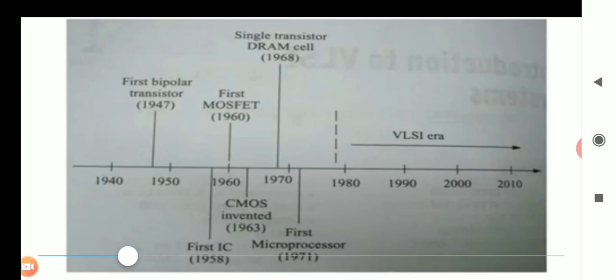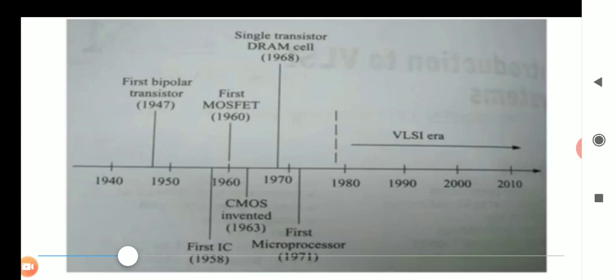Then CMOS. After that, in the 1970s, using this technology, ICs, in 1968 DRAM was implemented. Then 1971, the first microprocessor was fabricated. Then after 1980, the VLSI era came.